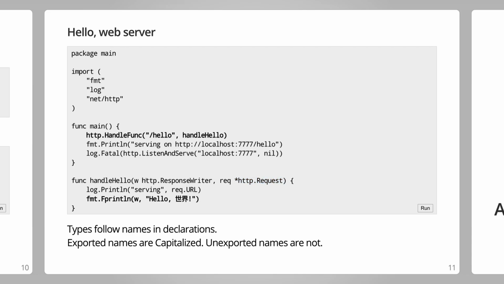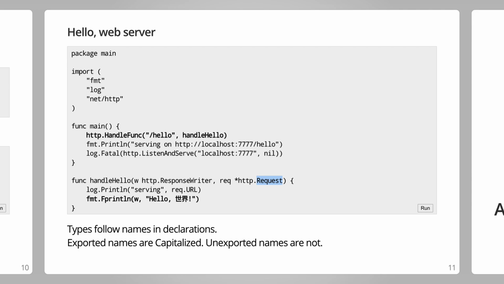But the nice thing about keeping these types is that you are defining a function here, handleHello, and you're telling the reader of the code that I'm expecting this type and I'm expecting this type as input. And that means that as a user of this program, you don't have to wonder what is the type that this function expects.